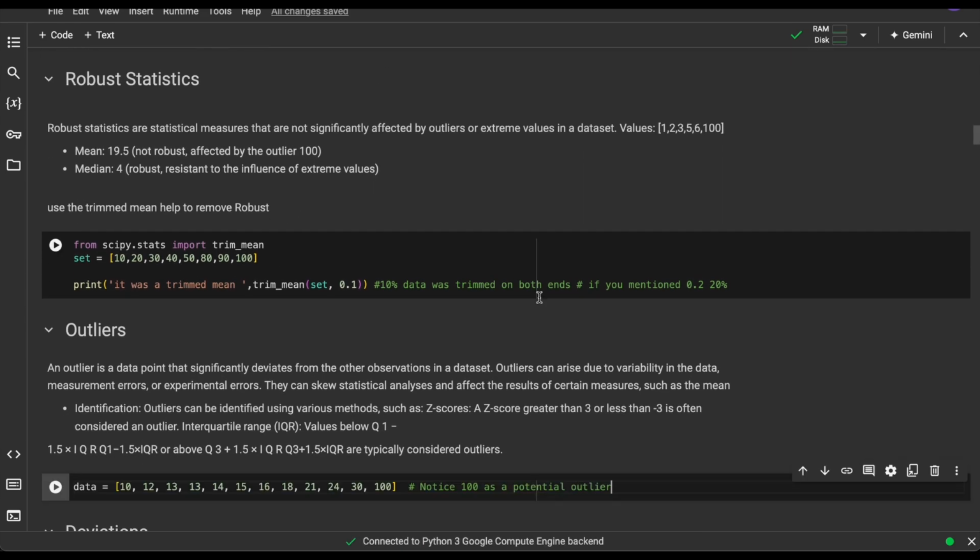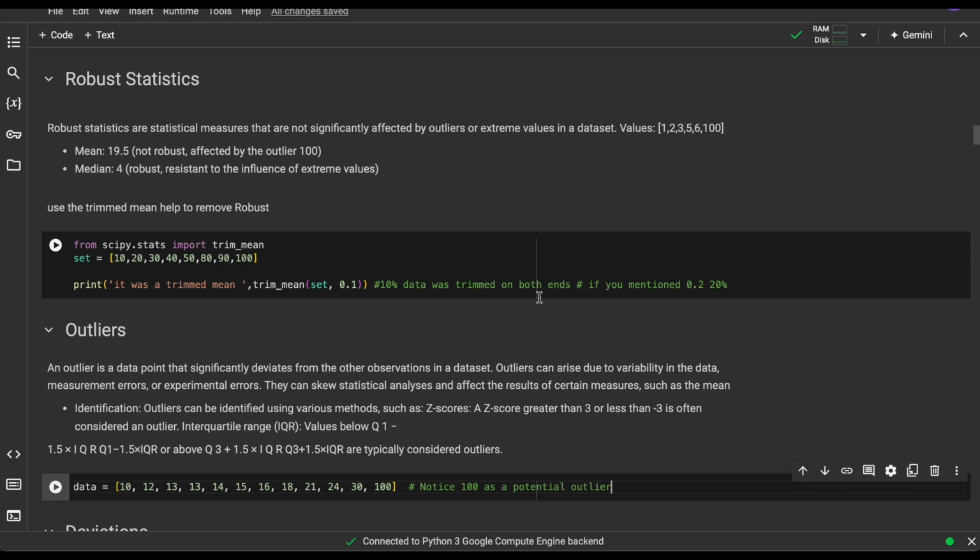Robust statistics are statistical methods that are not heavily influenced by outliers or extreme values. Unlike traditional methods, robust methods aim to provide reliable results even when the data has anomalies.